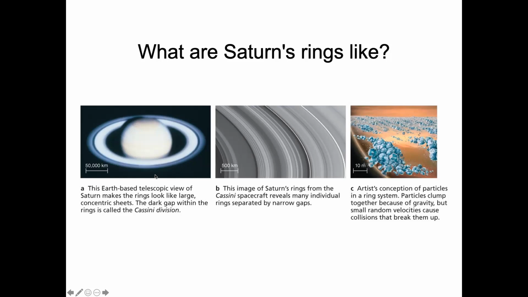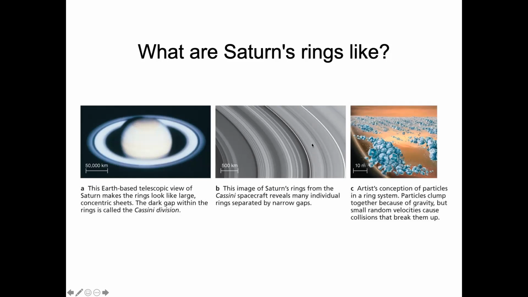In the image on the right, both image A and image B are real images. Image B is taken from the Cassini spacecraft. Again, we're going to be hearing about that a little later on when one of your classmates does their space mission assignment presentation. We can see here that within the rings, there are these small little disks, regions where there is very little matter.